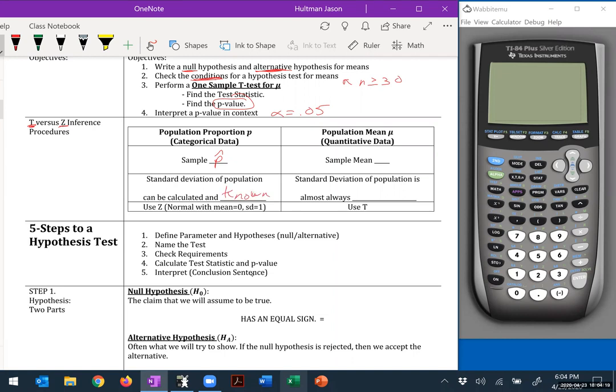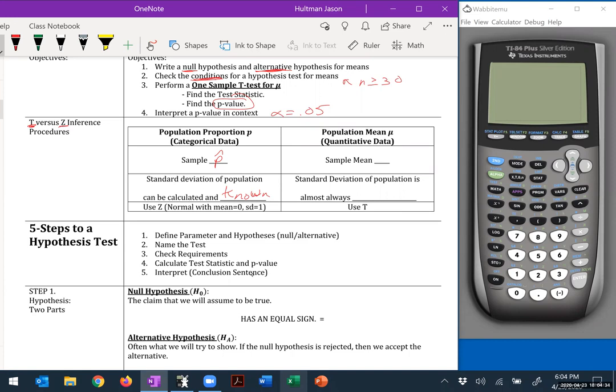So we use z, normal with mean 0 and standard deviation of 1.